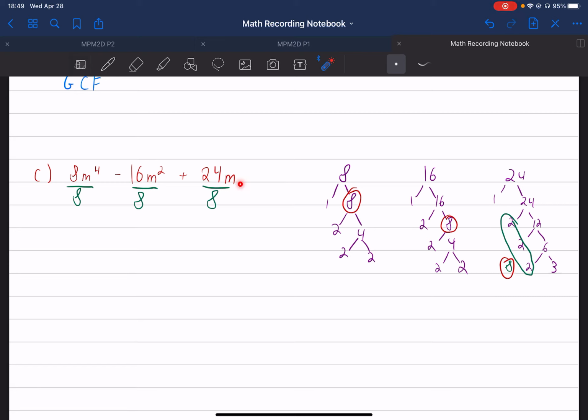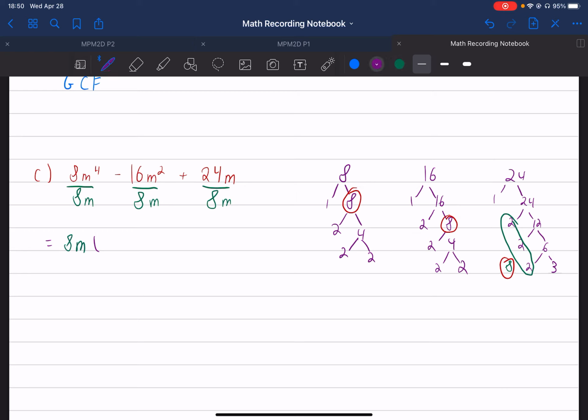So the smallest one that we have is m, just plain m to the power of 1. So we can at least take out an m from each of these terms. So now that we have it set up, we can actually go about pulling out the greatest common factor, which we have determined is this 8m. So we're going to put that in front of the bracket.